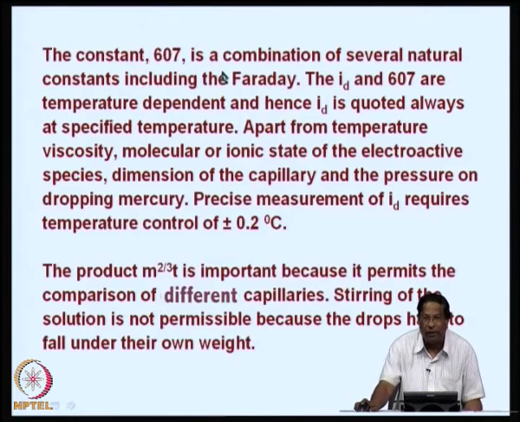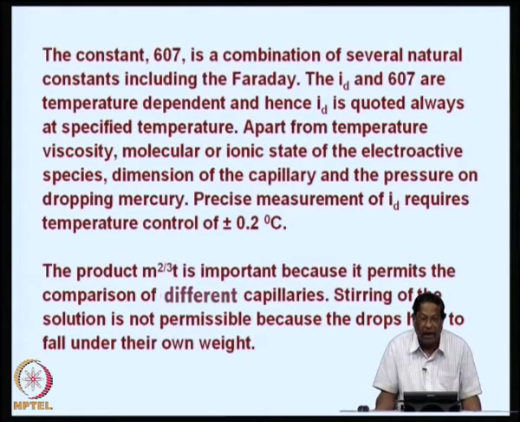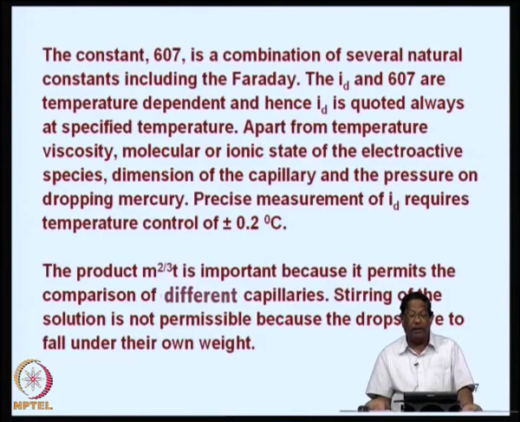The constant 607 is a combination of several natural constants including the Faraday. The I d and 607 are temperature dependent, and therefore I d is always quoted at a specified temperature, let us say at 25 degree centigrade, 30 degree centigrade, like that.